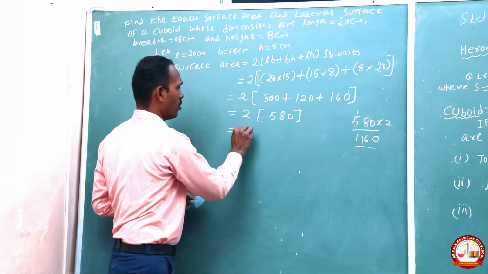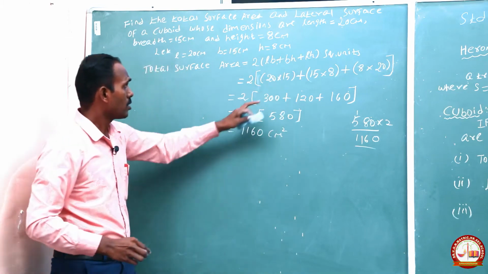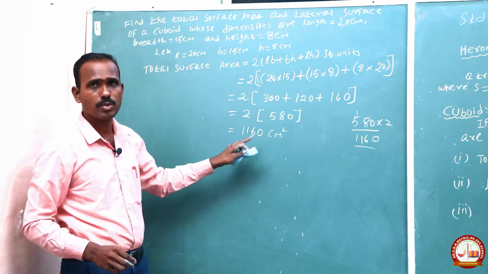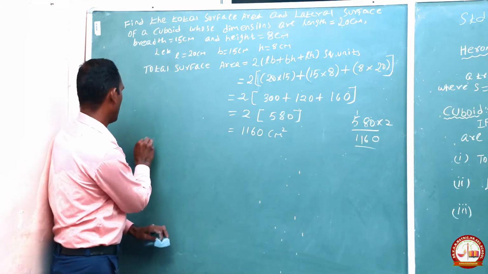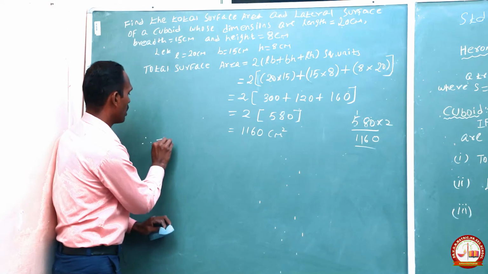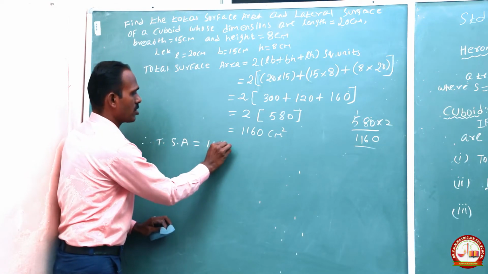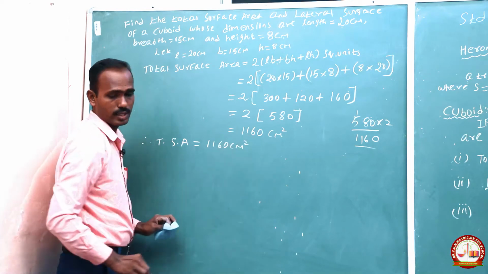So 1160 centimeter square. Here square units, so put the centimeter square. Therefore, total surface area, TSA equal to 1160 centimeter square.